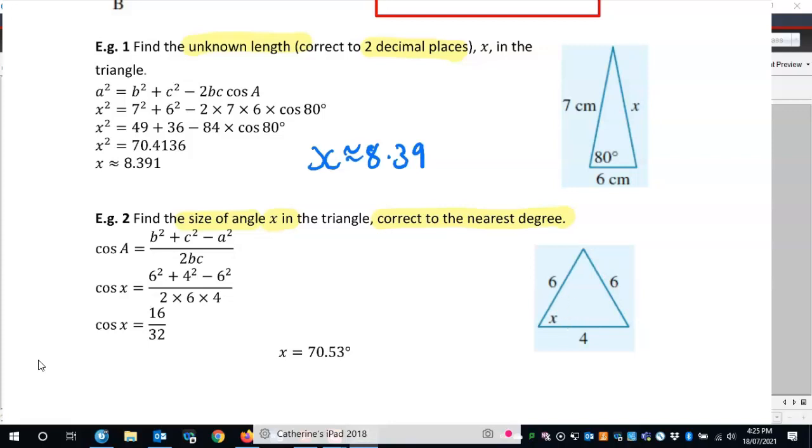So that means that that would be side a, and that is angle A. I've written out my formulas, then I'm substituting my knowns and unknowns. So cos of x is equal to 16 divided by 32. That means x is equal to 70.53 degrees, and so to the nearest degree, x is equal to 71 degrees.